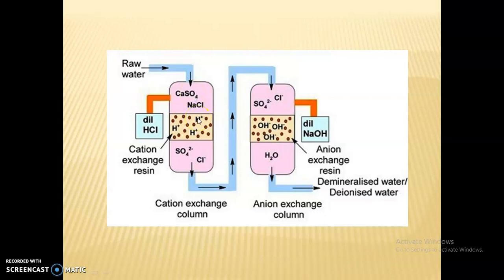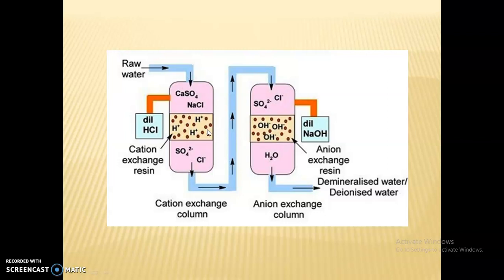We are passing this water through a bed of cationic exchange resin, filled in a cationic exchange column. As the water is passed through, cations such as calcium are taken up by the cationic exchanger, and these cationic resins give H+ ions, which do not cause hardness, into the water. So they take up calcium ions and provide H+ ions.